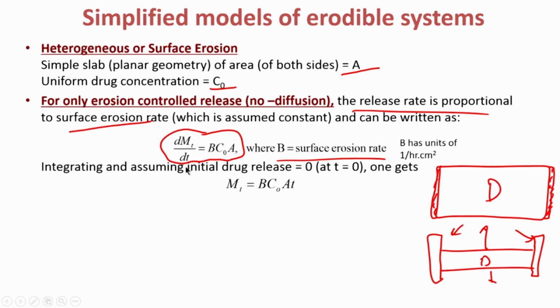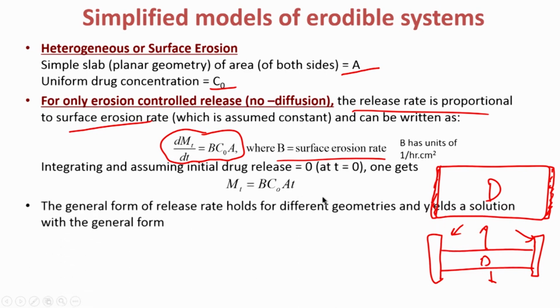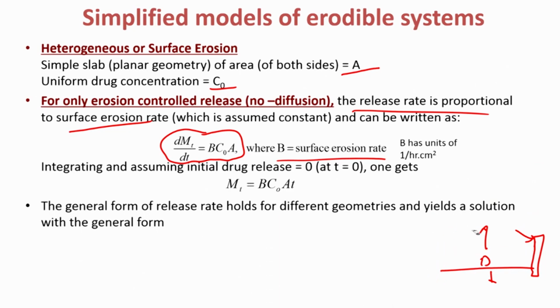So, if you just integrate that, you simply get Mt is equal to B C0 A t. This general form of release rate holds for different geometries, and you can make it further generalized for all kinds of geometries.